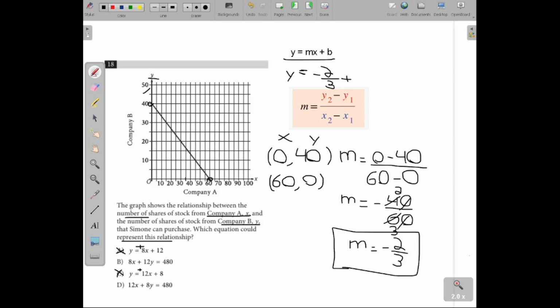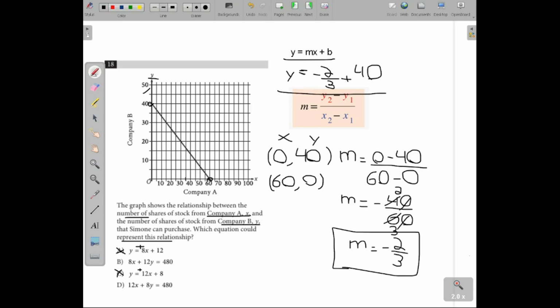Y-intercept means when the value of x is equal to 0, the value of y is 40. So plus 40. That's the equation that represents the relationship between these two companies.